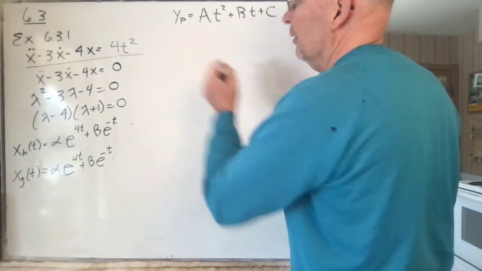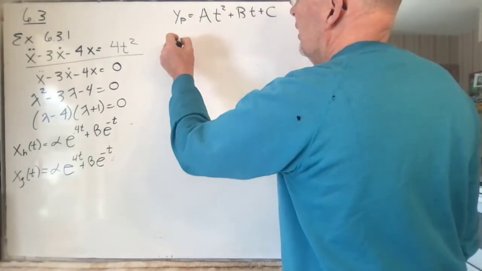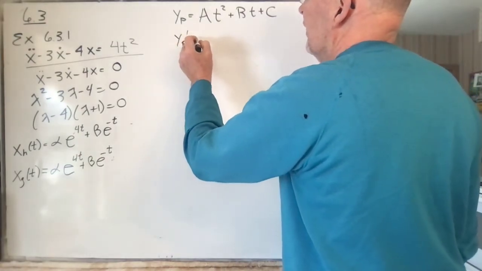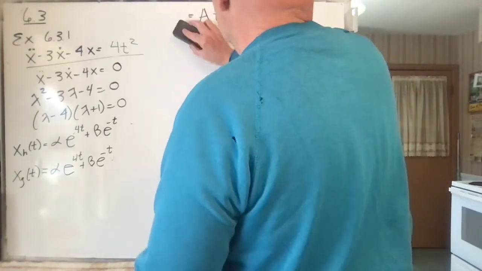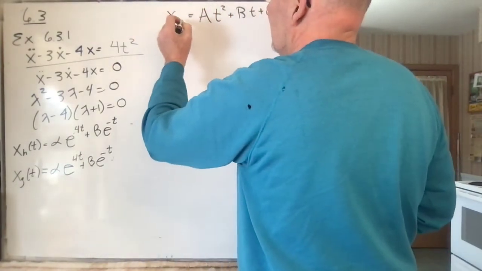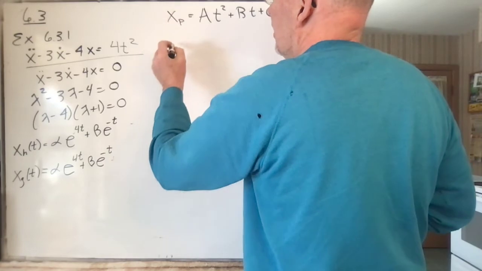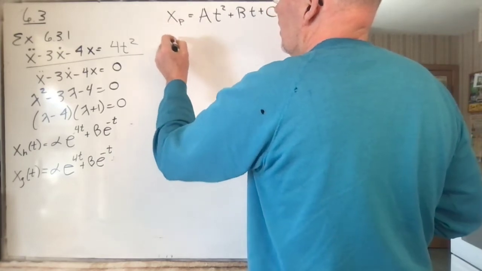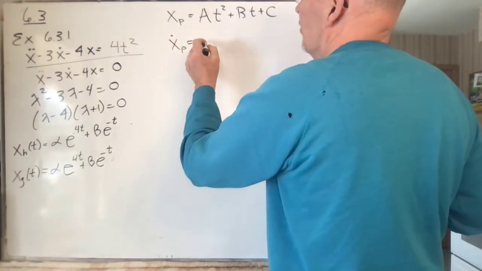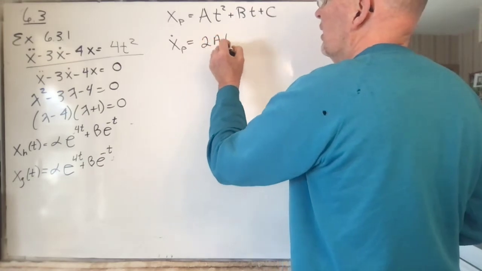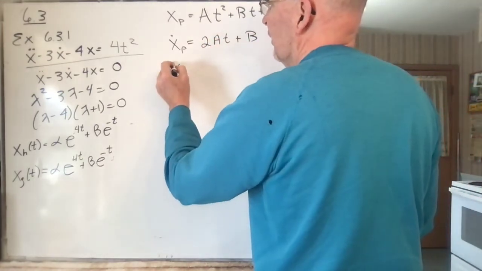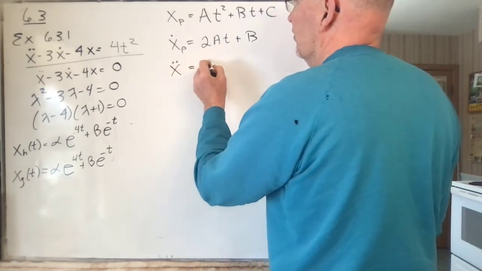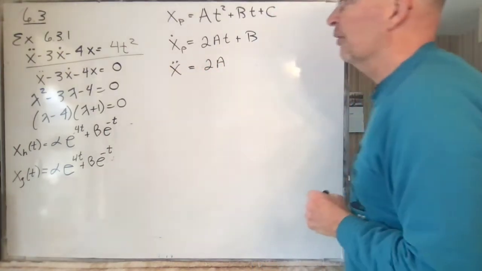And so what do you do? You say, okay, this thing, the derivative of it. Oops, I'm sorry. I should go back to x's again. Can't remember if I had y's or x's on the previous one. So the derivative is going to be what? 2at plus b. And then when you take the second derivative, you're just going to get 2a. And so now what do you do?